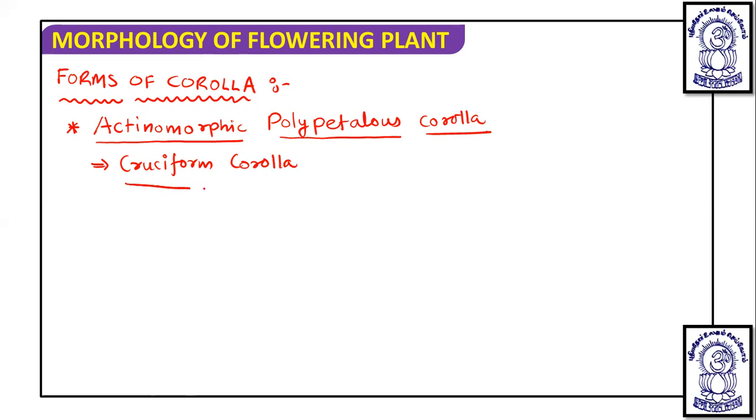When we study cruciform corolla in detail, you will come to understand that in cruciform corolla, four petals are found. Four petals are going to be seen, and these four petals are arranged crosswise.